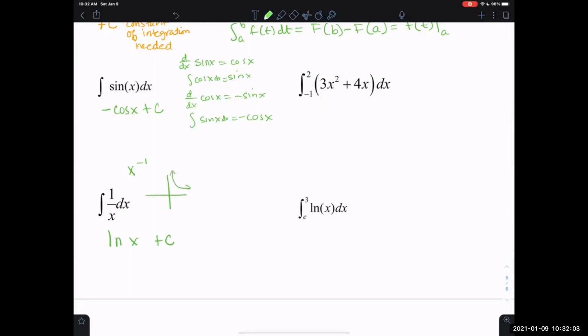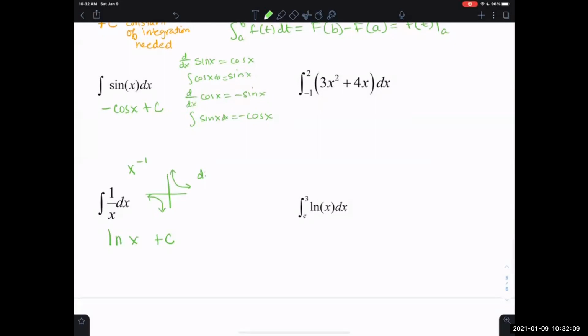So 1 over x looks like this. Notice your domain on 1 over x is all reals. x cannot be 0. But notice we do have negative x values, right?